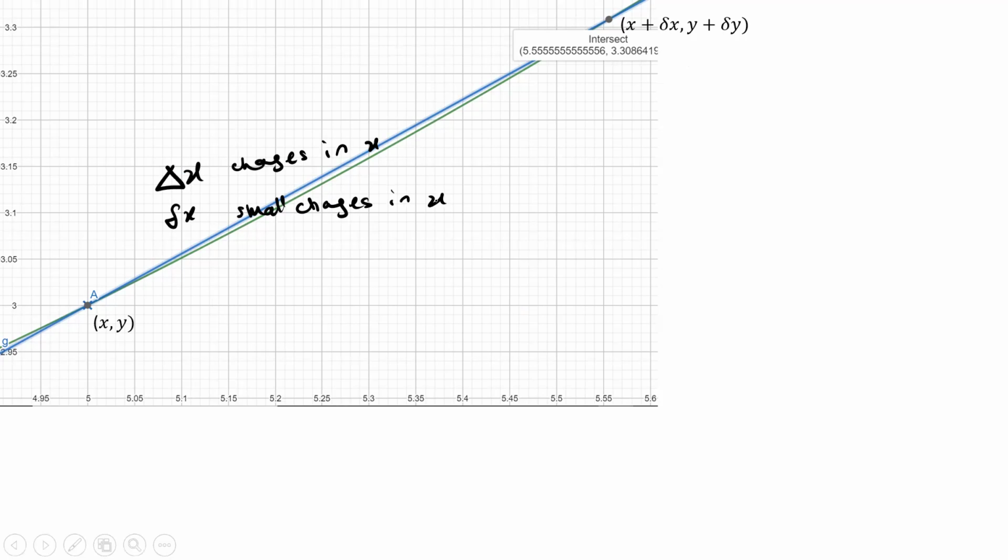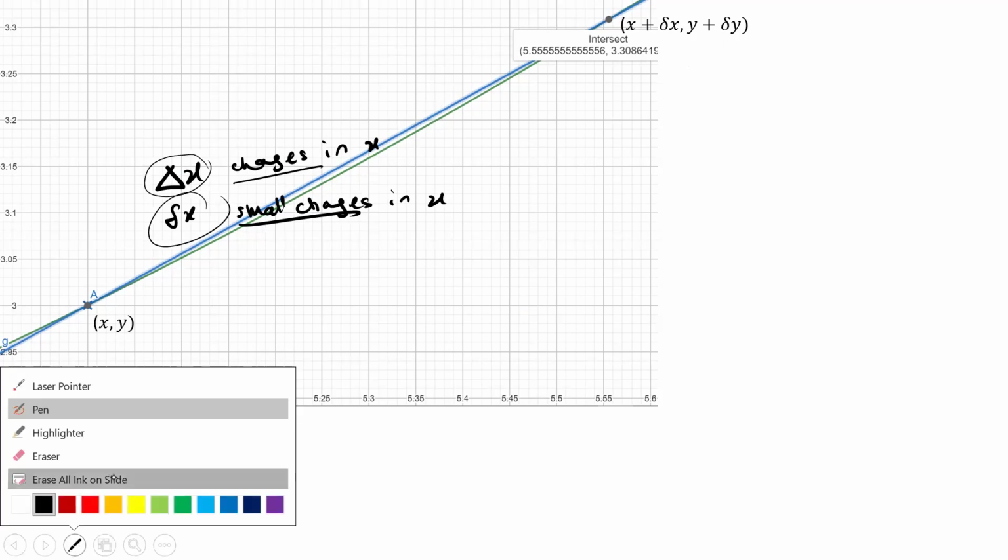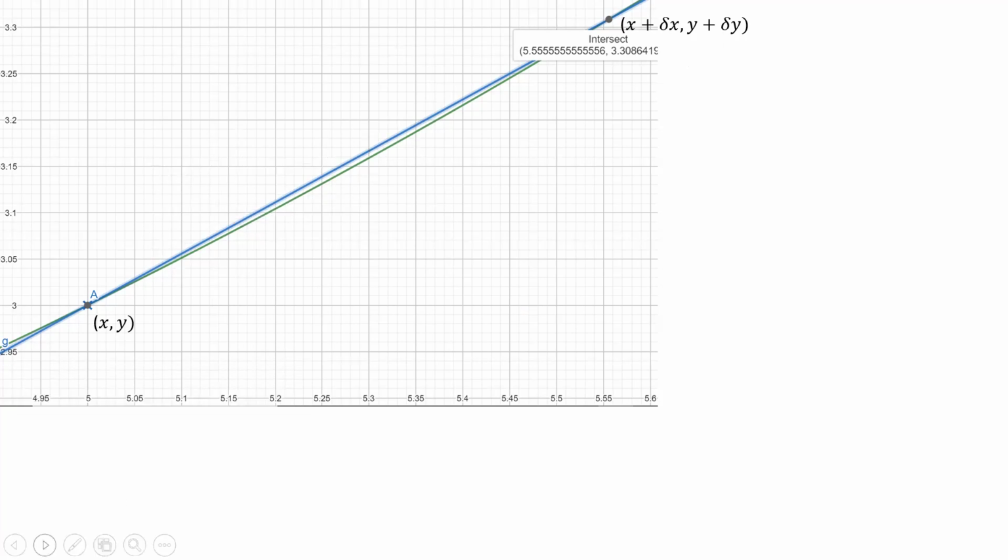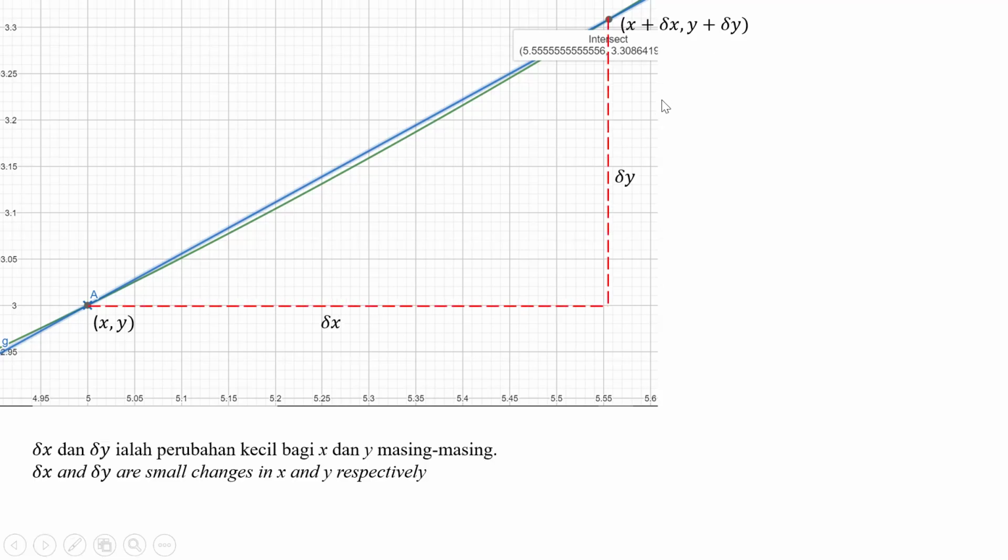That is the difference between the symbols. See, math people are so lazy. We don't want to write the words small changes or changes, so we use the symbol to differentiate. This is the fun part. You can be lazy in mathematics. So with that, if I want to find the gradient, I will take del y by del x.